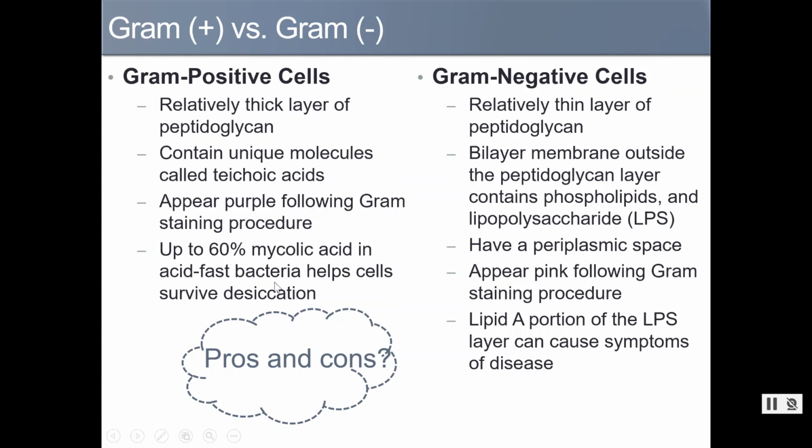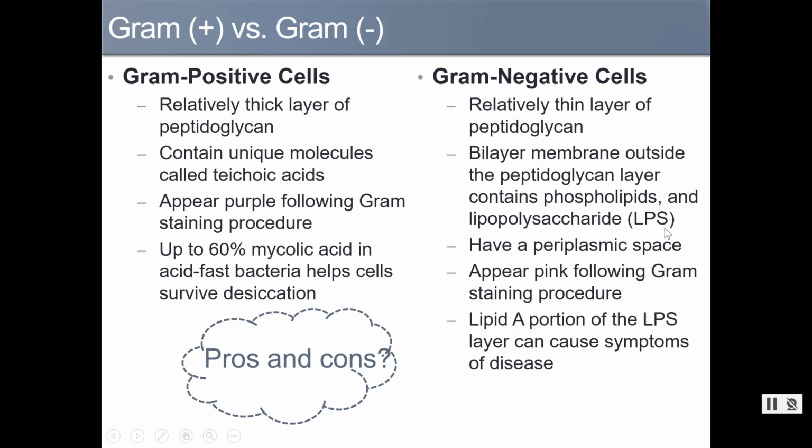And this helps these cells. Tuberculosis, Mycobacterium tuberculosis, the Mycobacterium is part of this mycolic acid. Part of the reason they're so well protected and so slow growing is because of all this mycolic acid in there. So that's a gram-positive cell. Gram-negative has a thin layer and a bilayer membrane. The outer membrane contains phospholipids and lipopolysaccharides.